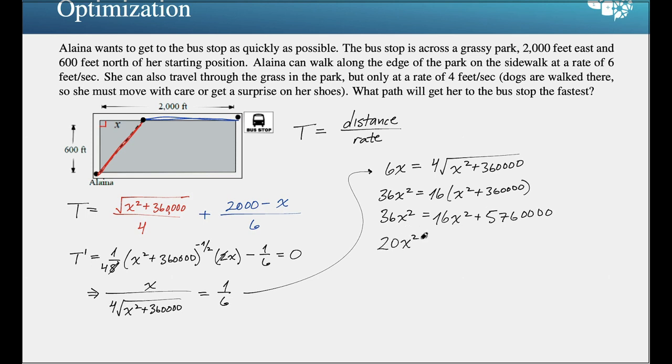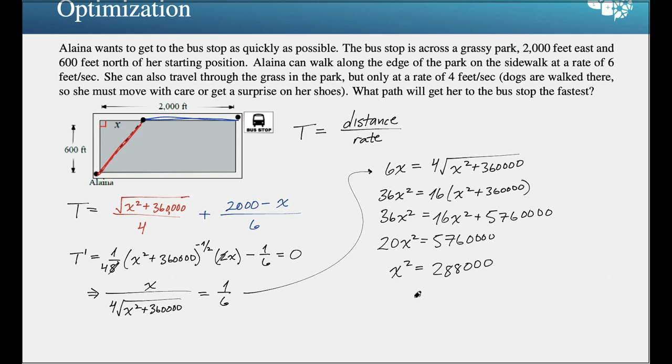We get 20x squared equals 576,000. Divide by the 20 on both sides, and we get x squared is equal to 288,000.